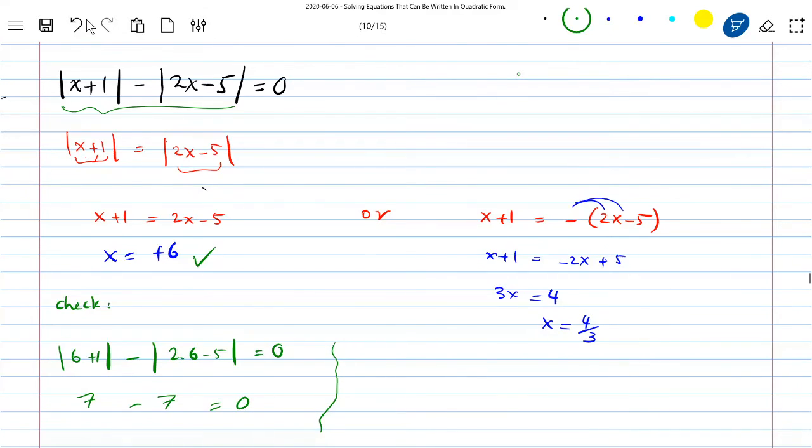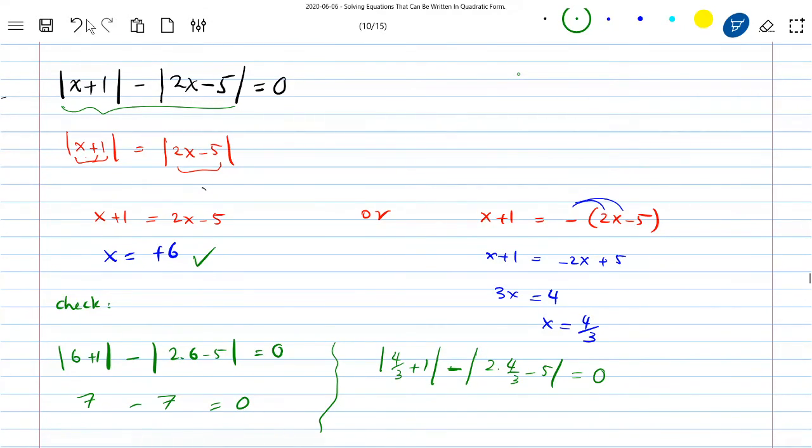If I try 4/3, what do I get is absolute value of 4/3 plus 1 minus absolute value of 2 times 4/3 minus 5 equal to 0. Make sure that you're comfortable with fractions, because at this point it's just numbers. You can't just multiply by 3 and rationalize.